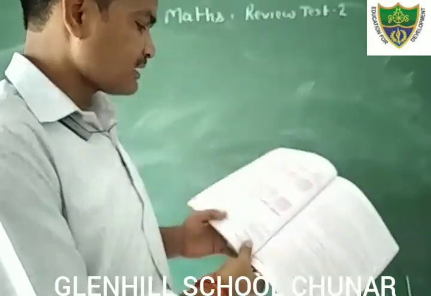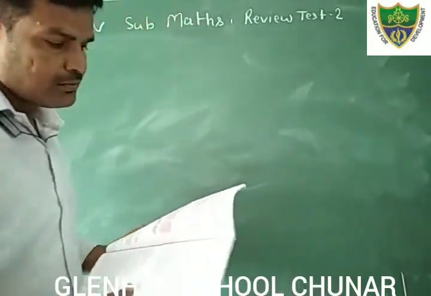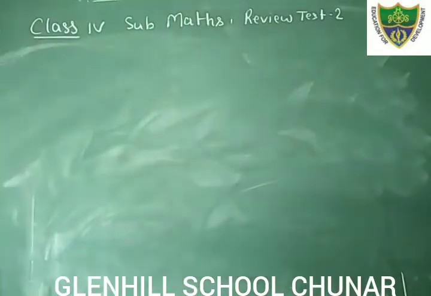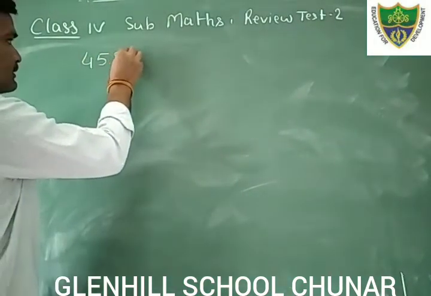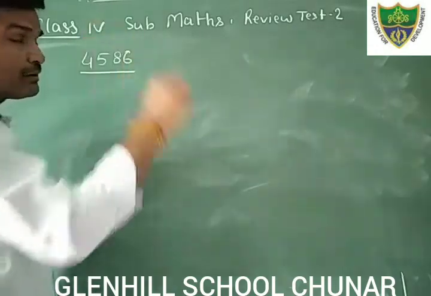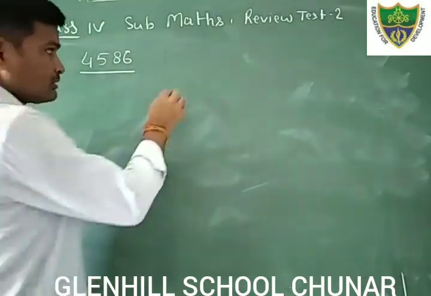So which picture represents 4586? Then we need the 4000 box, that will be this.